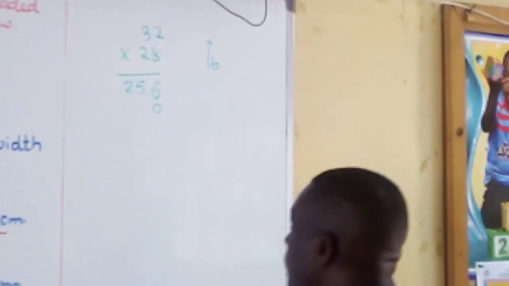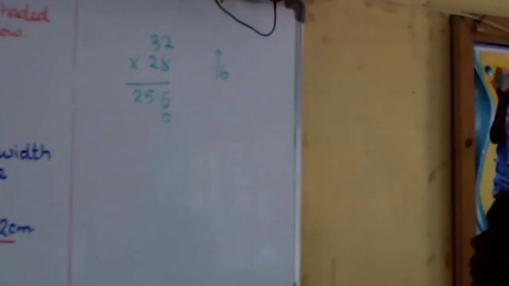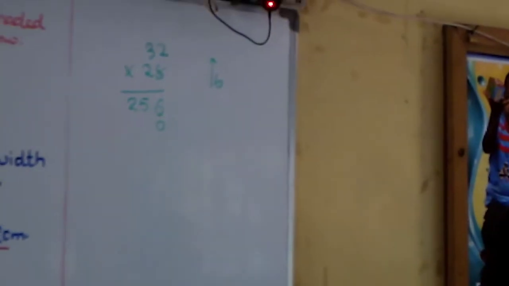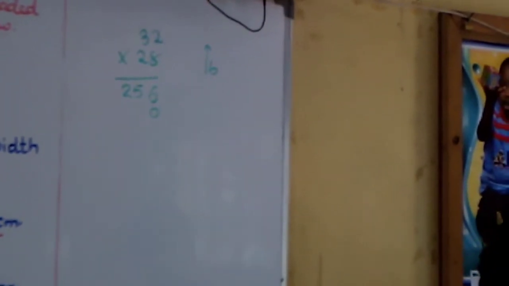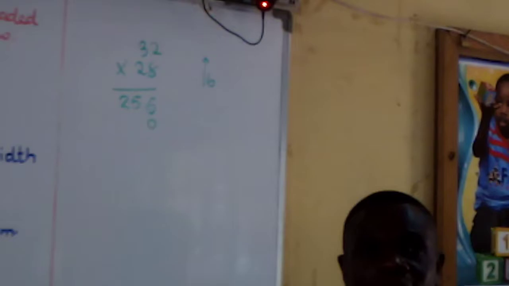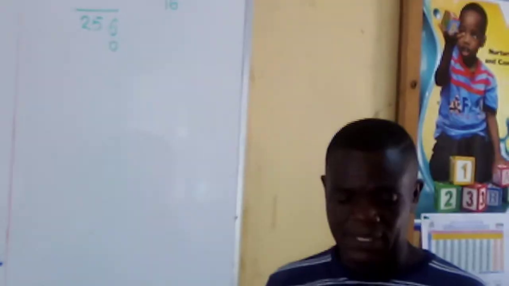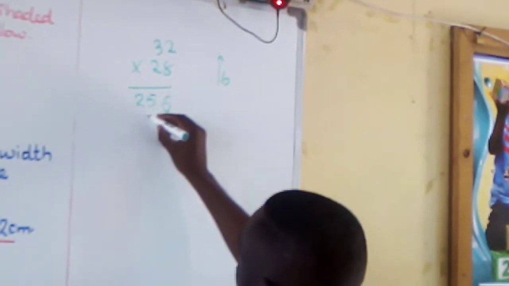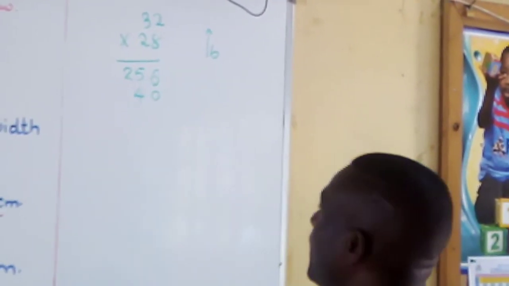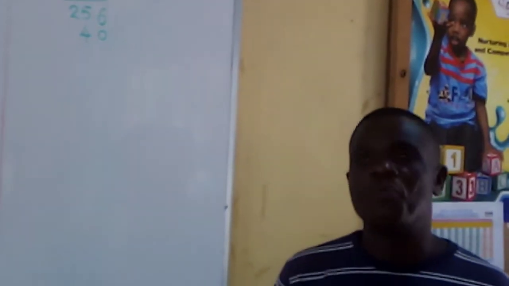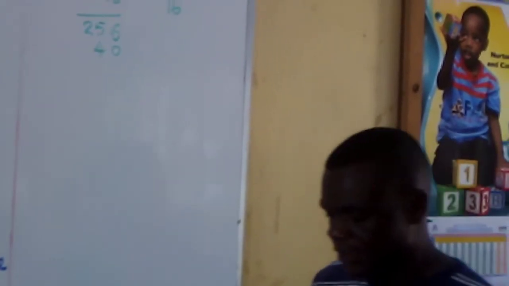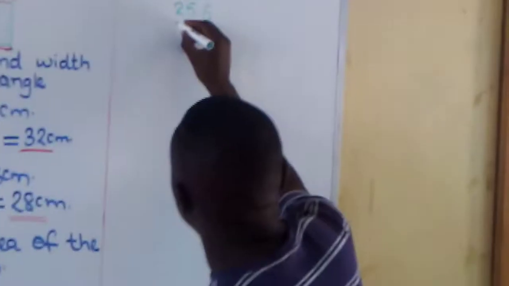Then 0. What is 2 multiplied by 2? Sonia Gumba. 2 multiplied by 2 is 4. So I write there 4. What is 2 multiplied by 3? Ibrahim. 2 multiplied by 3 is 6. Thank you, Ibrahim. Clap for yourself.